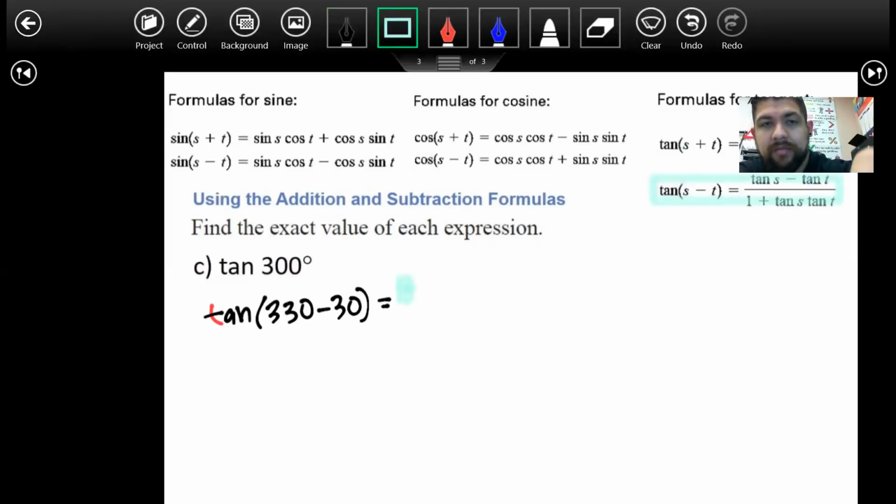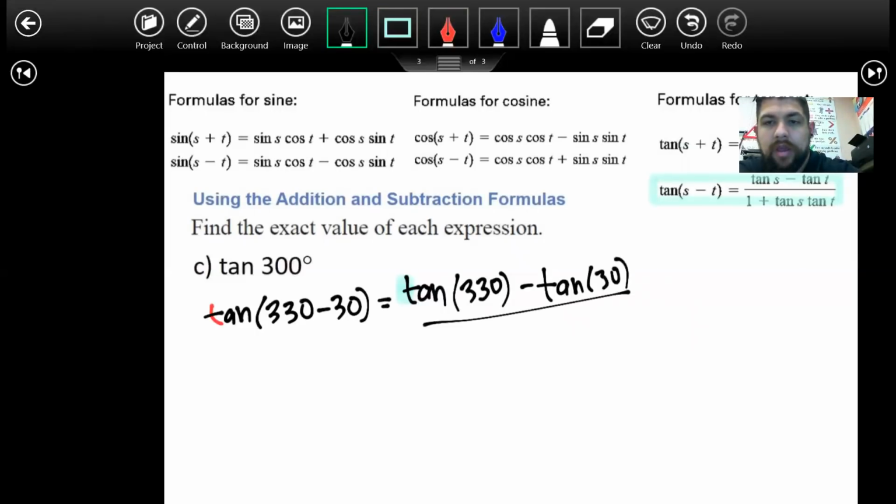This will be tangent of 330 minus tangent of 30 over 1 plus tangent of 330 times tangent of 30.